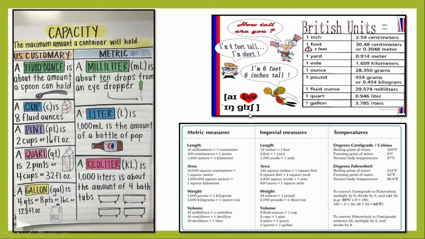And here you've got some charts. We've got, for example, the capacity, the maximum amount a container will hold. Okay, we've got British units, for example, inch, foot, yard, mile, ounce, pound, fluid ounce, quart, and gallon. So, oh my God, do I have to learn British units? Oh, I am not demanding you.